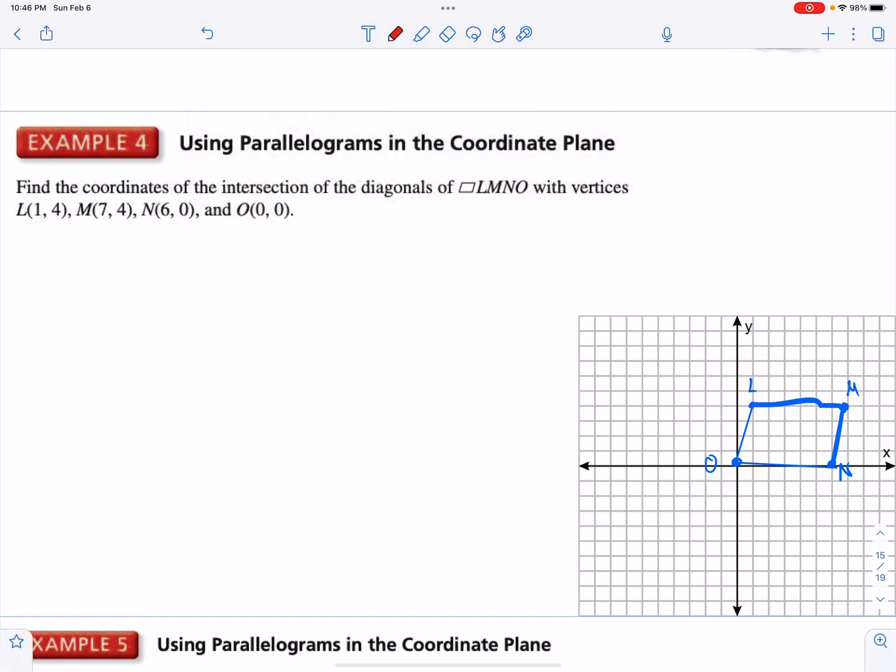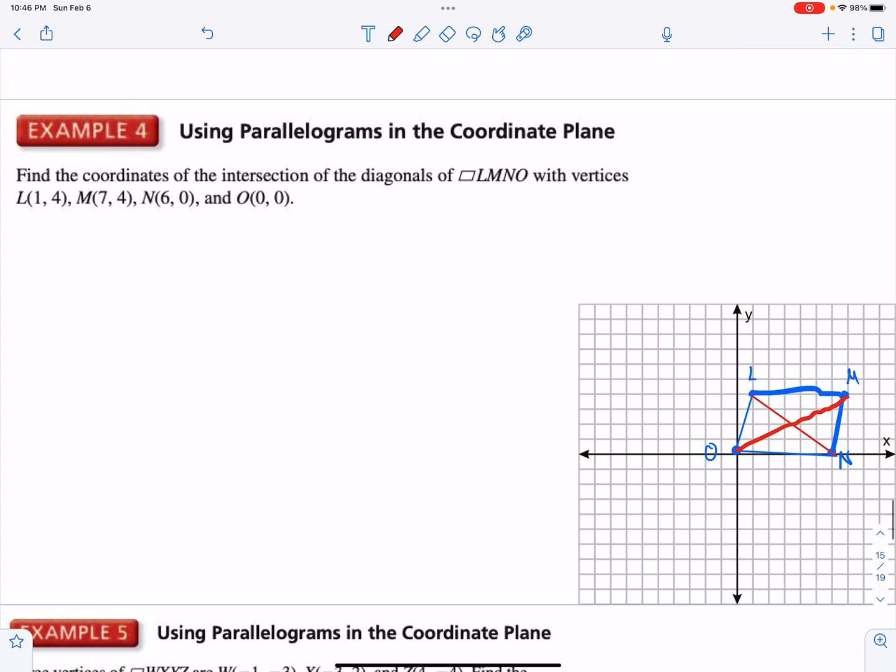So what I want to do is construct the diagonals here. When I construct the diagonals, I know that the diagonals bisect each other. So one way I could do this is the midpoint formula of one of the diagonals. That's really all I have to do because they're each bisected.